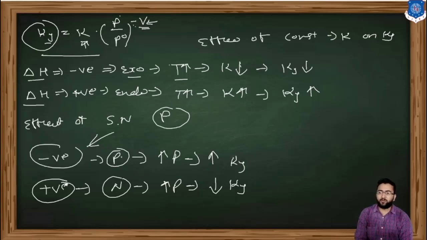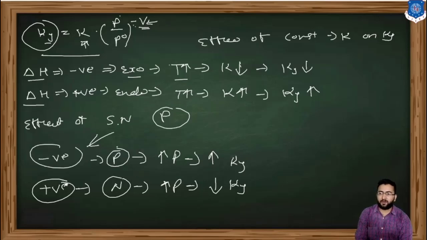If the stoichiometric number is negative and I increase the pressure, then equilibrium conversion increases. But if the stoichiometric number is positive and I increase the pressure, conversion will decrease. So this is the effect of pressure on Ky.